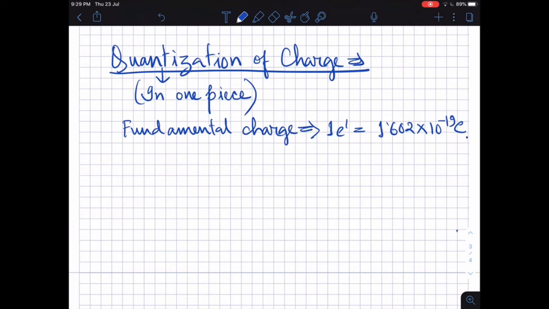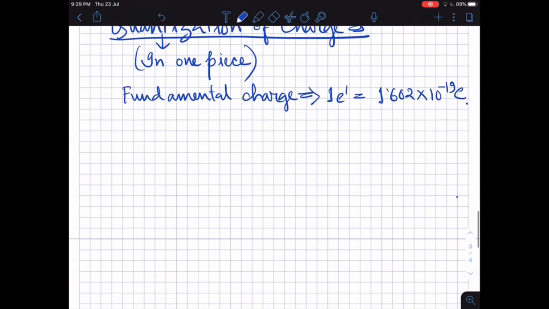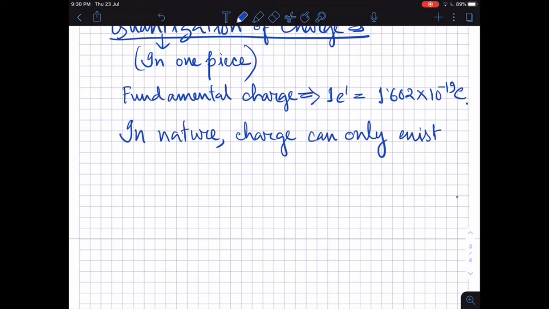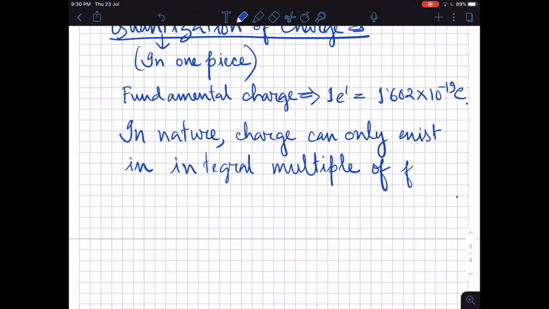And the quantization of charge says that in nature charge can only exist in integral multiples of the fundamental charge.